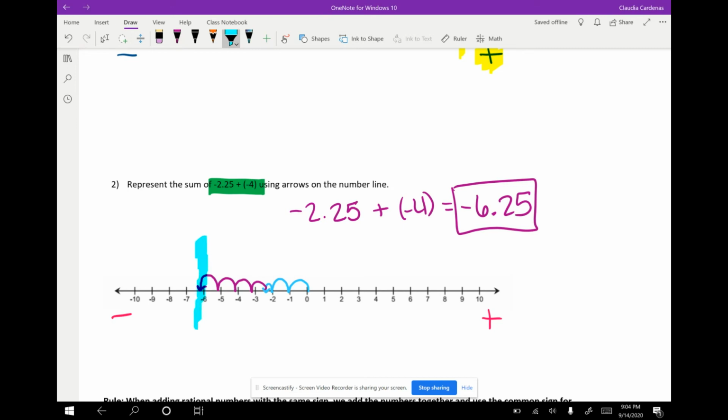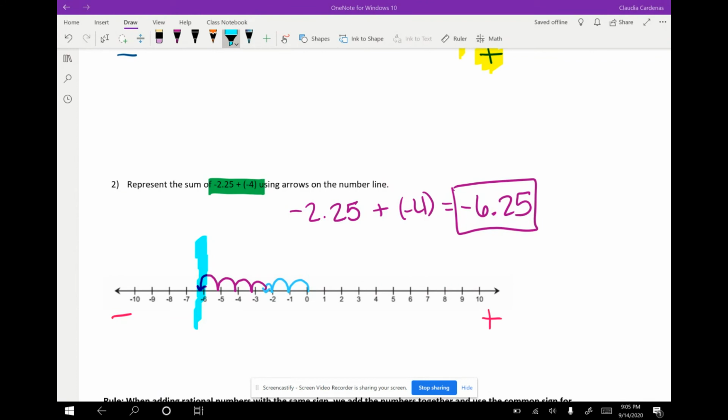Okay, so comparing this to the one we just did, what did we end up with? Well, we ended up with an even more negative answer. And we know negative numbers are really small numbers because they are opposite of these positive numbers over here on the right. Do you think that adding two negative numbers will always give you a smaller negative number?